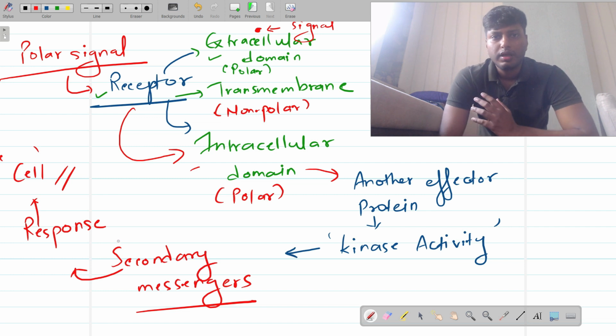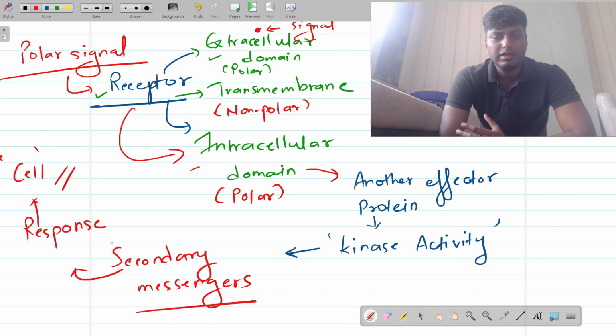So, in case of polar signaling, we saw that the polar signals are going to associate with the receptors which are present on the cell membrane. These receptors have three different domains. One is the extracellular domain, one is the transmembrane domain, and the inner part is the intracellular domain.